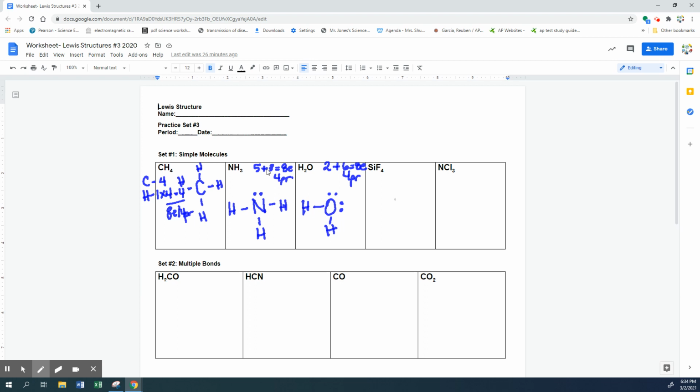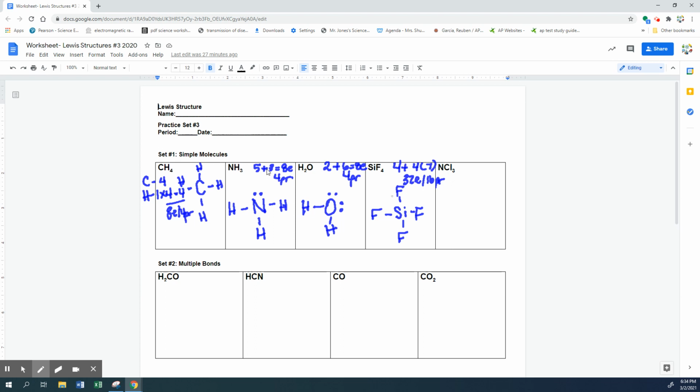Next, we have SiF4. Si has 4 electrons, plus we have 4 fluorines, so 4 times 7. In total, that is 28 and 4, so 32 electrons, or 16 pairs. I'm going to start with my silicon in the center because it is in the same row as carbon, so it also needs 4 bonds coming off of it. There are 4 fluorines, so I'm going to put 1 fluorine off of each bond.